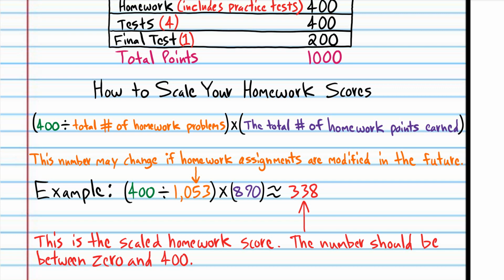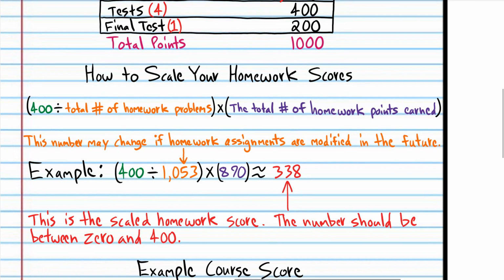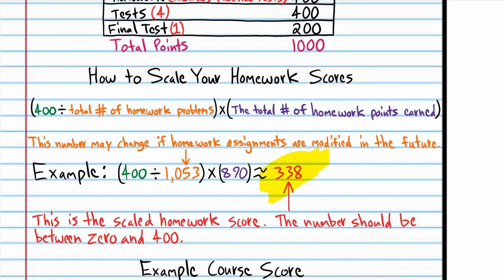So add up all the homework points that you earned, and that's this number here. So 400 divided by the total number of homework problems, which as of now is 1,053, and then multiply that number by the total number of homework points that you earned, and that gives you your scaled score.